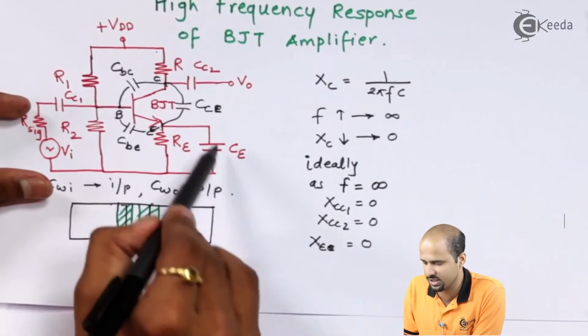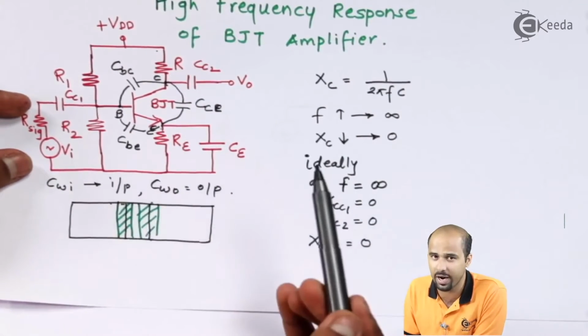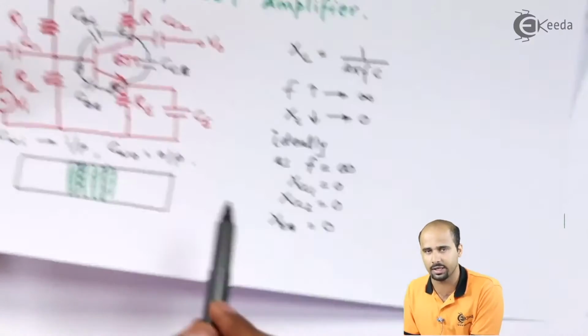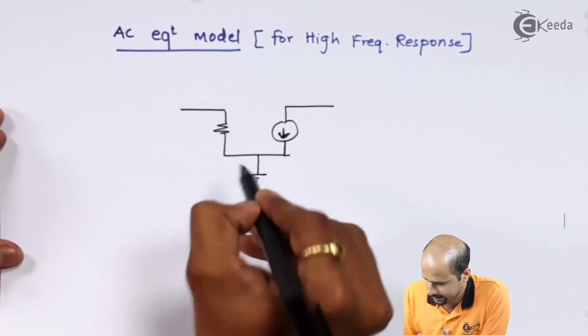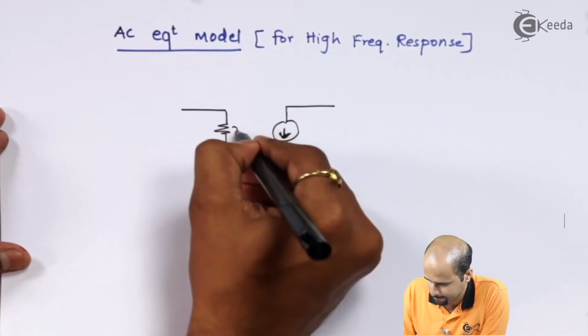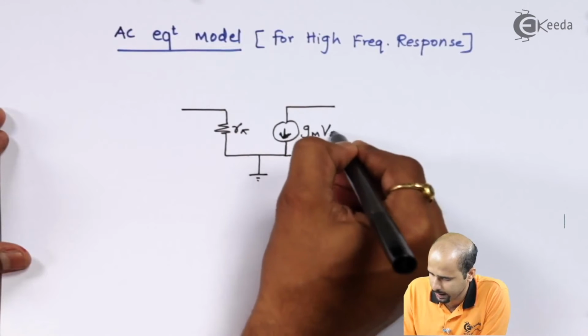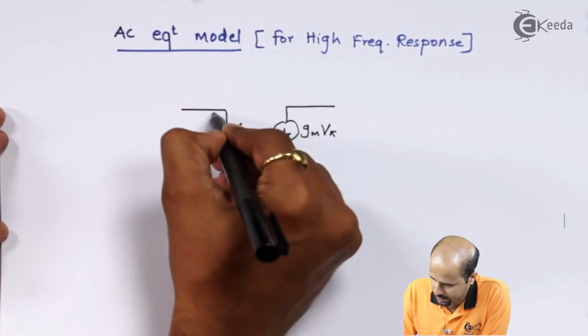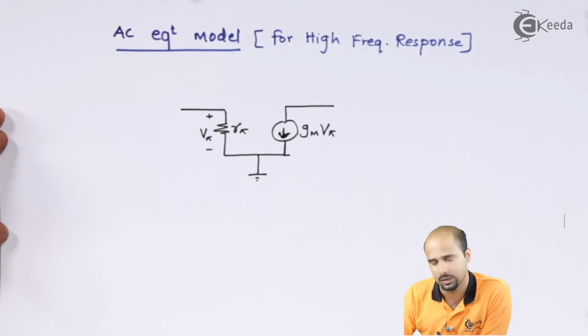This is because if CE gets shorted, the resistance RE will be redundant and the emitter directly connected to the ground. So we will say that this is ground, this is R pi, this is gm V pi, whereas this is your V pi.